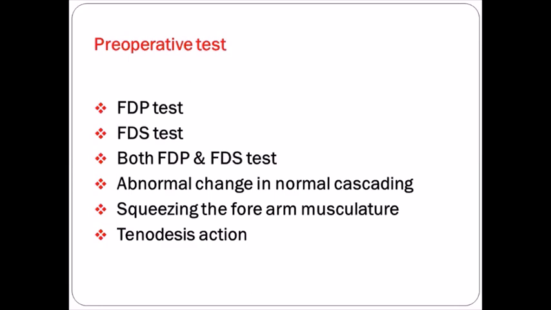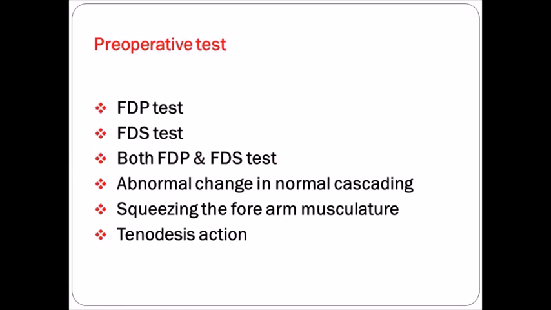I mean, you are able to flex the finger. So that means the tendon is intact. If the tendon is not intact, suppose my index finger has a tendon rupture, then if I do this, the index finger probably will not be able to flex. So this is what one tests pre-operatively.